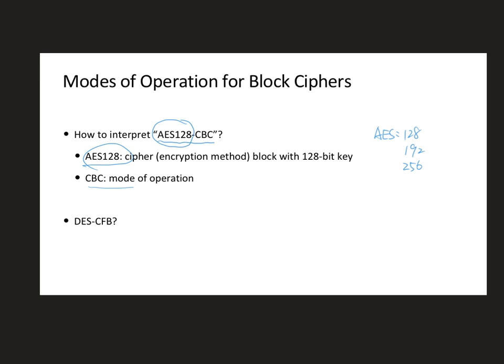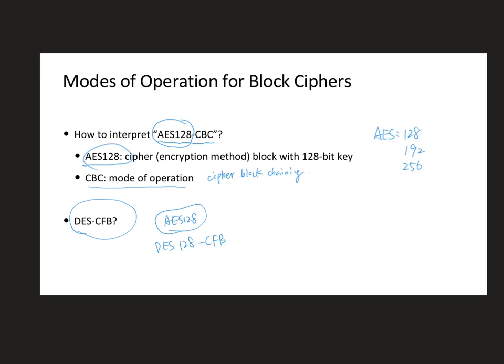And the CBC means the mode of operation is cipher block chaining. So this is the full name of the block cipher. And how about this one, DES-CFB? You may have one question: since we use AES 128 to represent the encryption method and the block size, why don't we write DES 64 CFB?